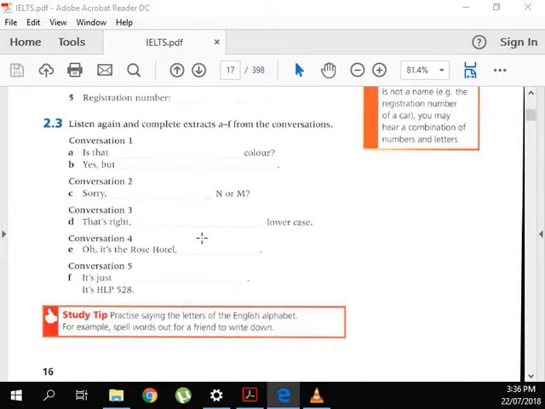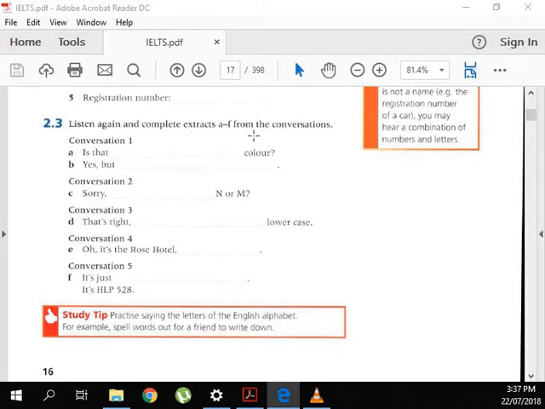Conversation four: it's the Rose Hotel, like the flower. Conversation five: it's just 3 letters and 3 numbers.